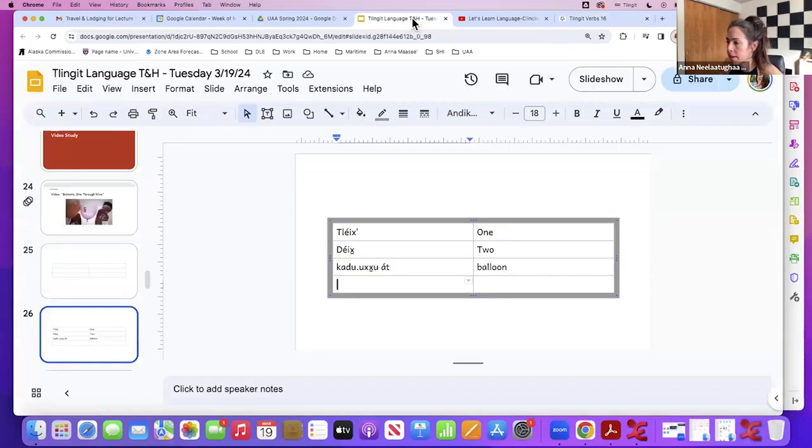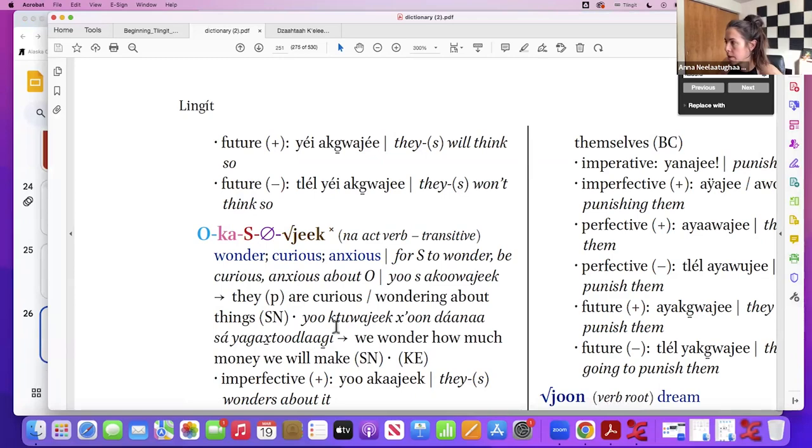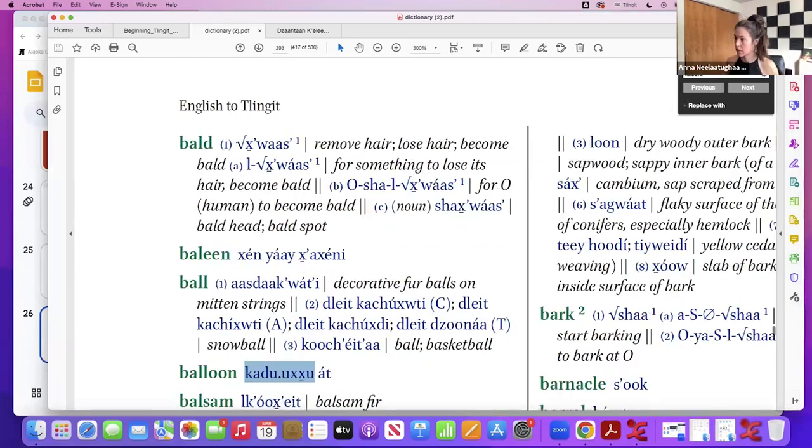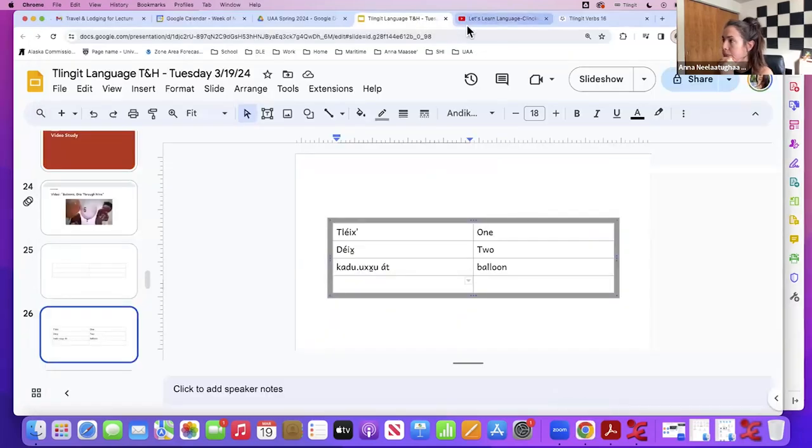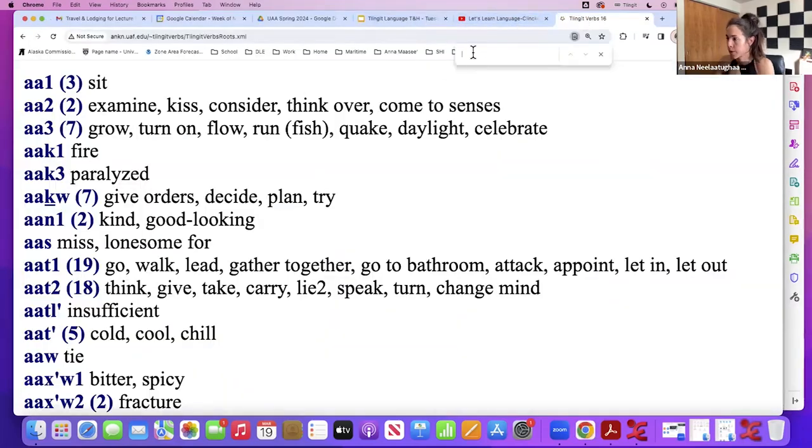No, it's not in here. Oh well. Okay. Root word ugh.